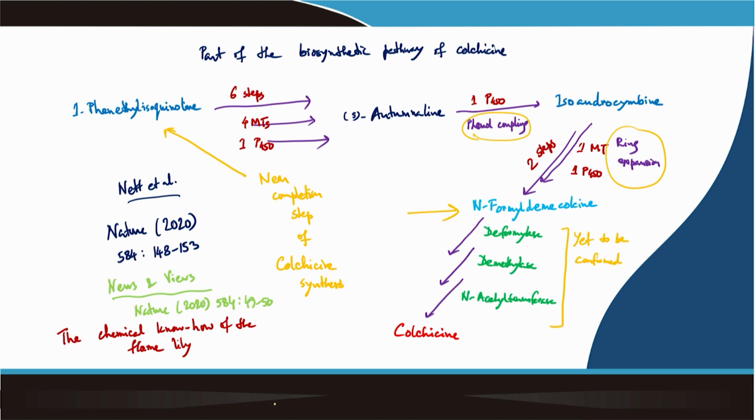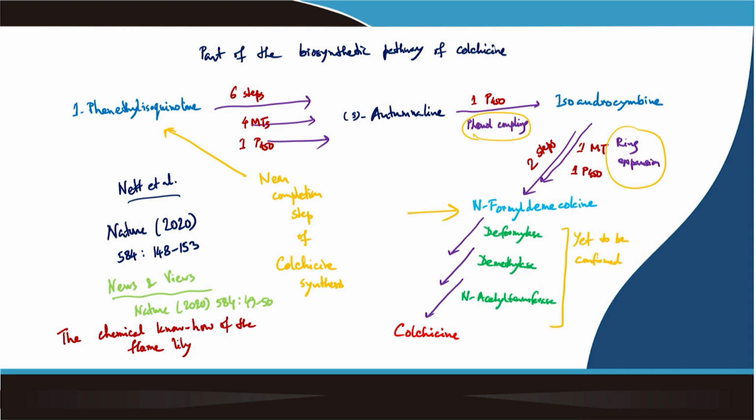So, phenethyl isoquinoline is initially made from amino acids phenylalanine and tyrosine. It is then converted into S-autumnaline in 6 steps by 4 methyl transferases and 1 cytochrome P450 enzyme.